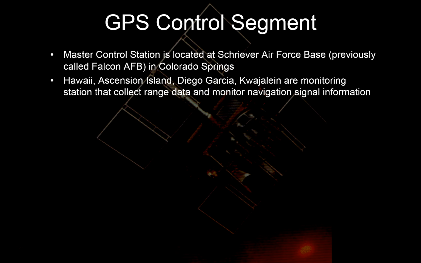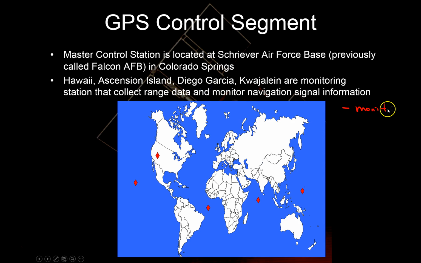The control segment has lots of responsibilities, but an important one is to monitor the system to ensure that the signals being sent out by the GPS satellites are what they are expected to be.